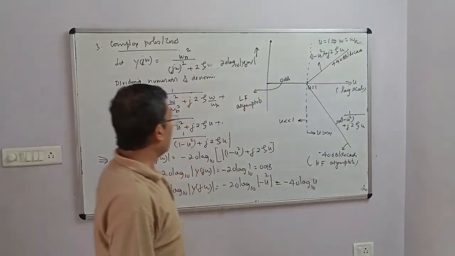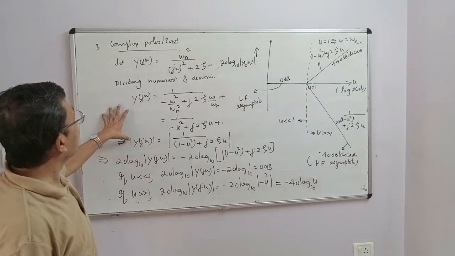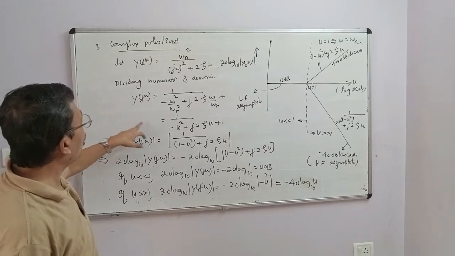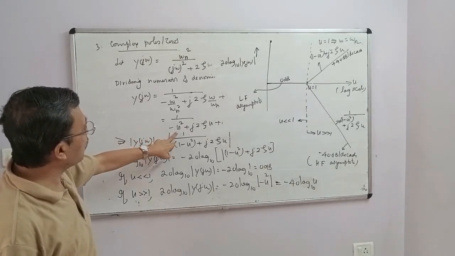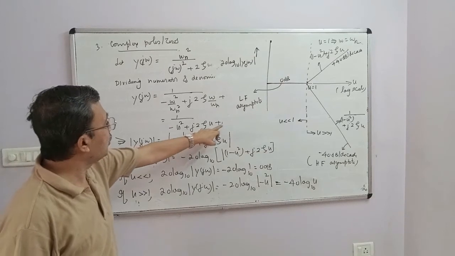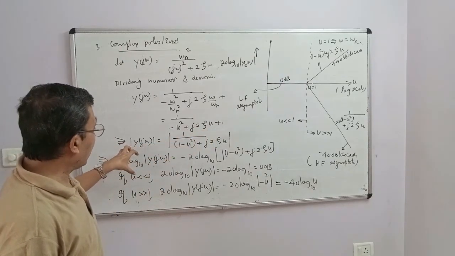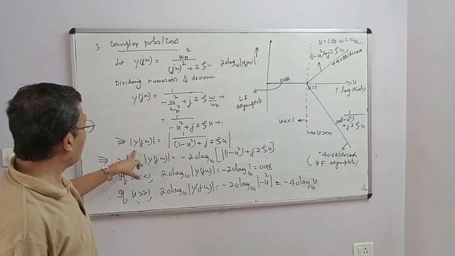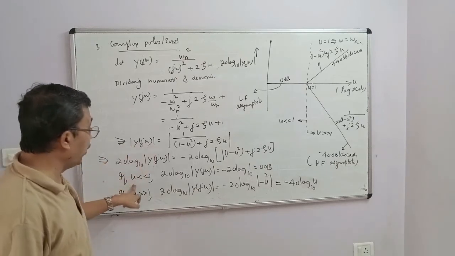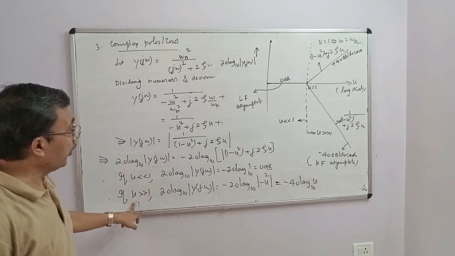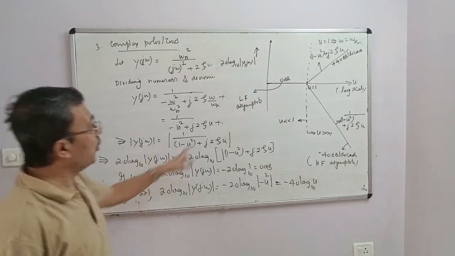Please note this. What I have done is I have taken a quadratic pole given by minus u square plus j times 2 zeta into u plus 1, where u is omega by omega n, and I have calculated 20 log magnitude of y of j omega for u very much less than 1 and for u very much greater than 1, and I have made the plot.